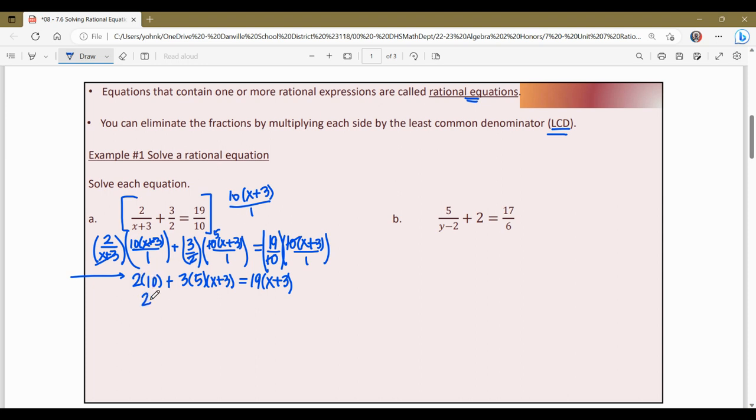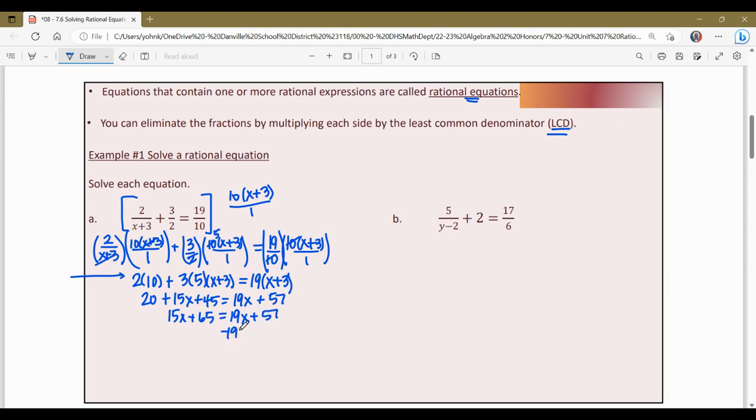So 2 times 10 is 20, plus 3 times 5 times x is 15x, and 3 times 5 times 3 is 45, equals 19 times x is 19x, and 19 times 3 is 57. On the left side, collect like terms. 15x plus 65 equals 19x plus 57.